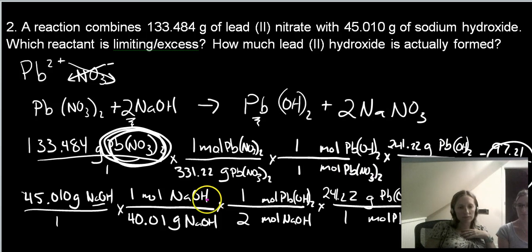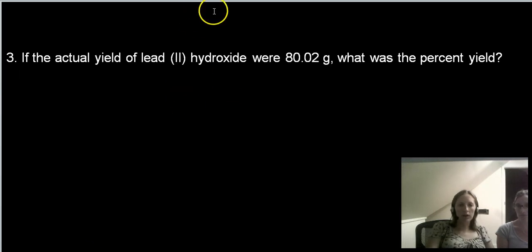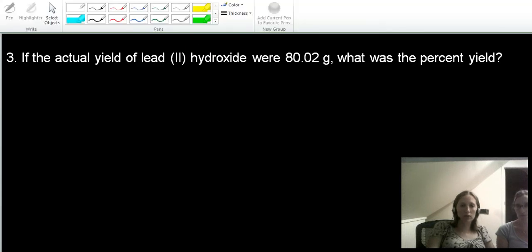All right. Okay, and then this question, if the actual yield of lead hydroxide were 80.02 grams, what was the percent yield?